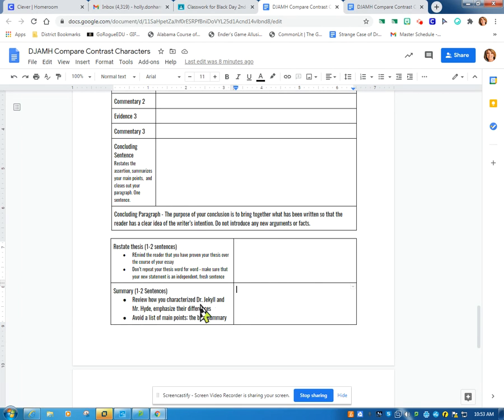And you can summarize how you characterized Dr. Jekyll and Mr. Hyde. Emphasize how different they are. Okay? The best summary is going to not be a list of the main points. You want to just talk about how the characters are different, okay, in 1 to 2 sentences here.